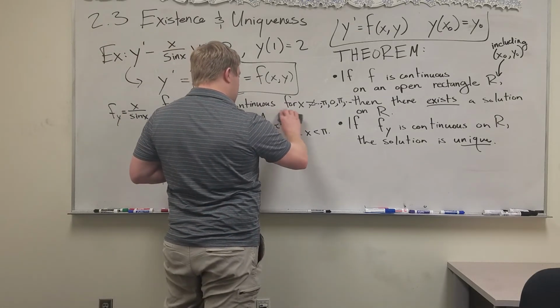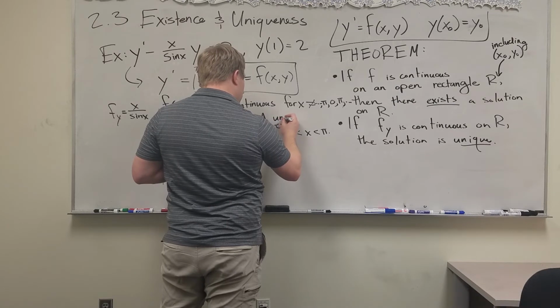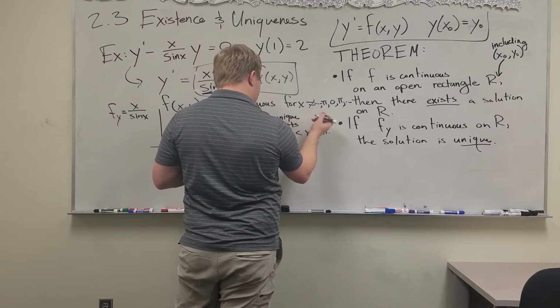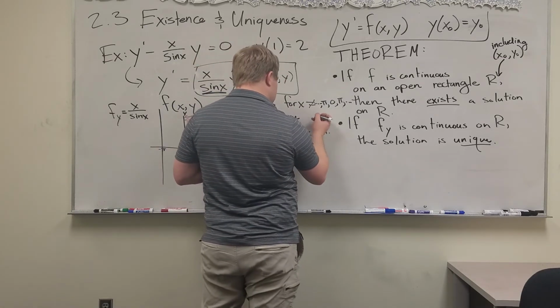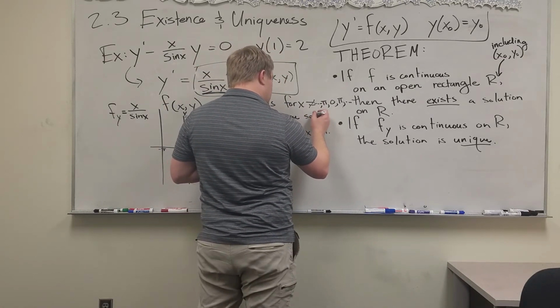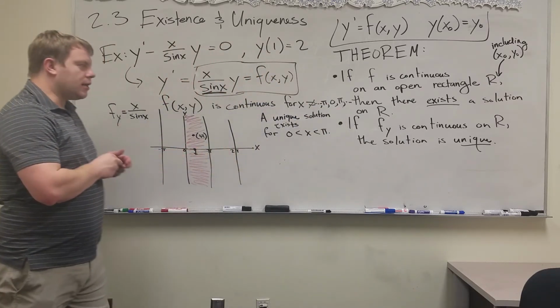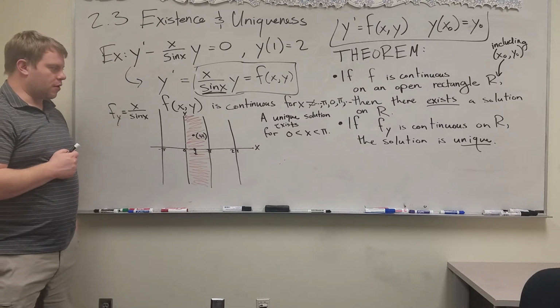And that means that uniqueness happens wherever we have existence, since this is going to be discontinuous in the same places that the original function was discontinuous. And I could say a unique solution exists for x from 0 to pi.